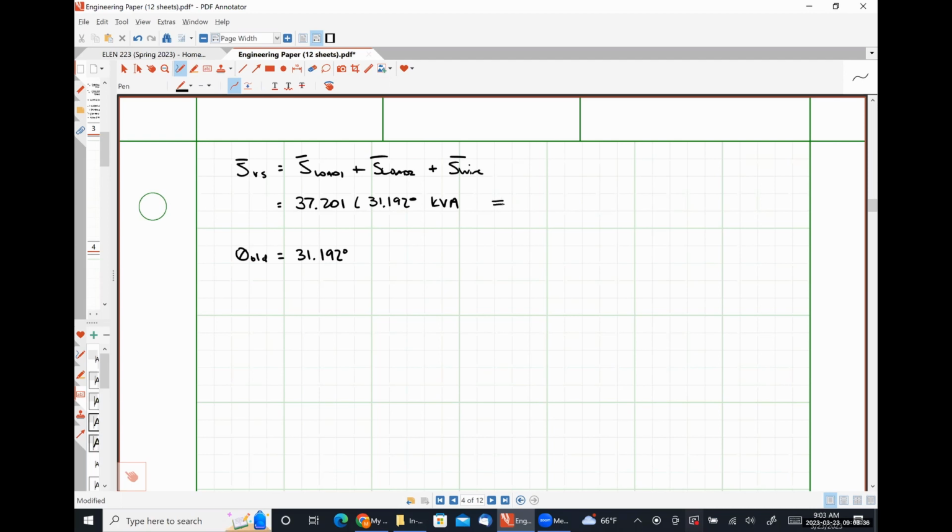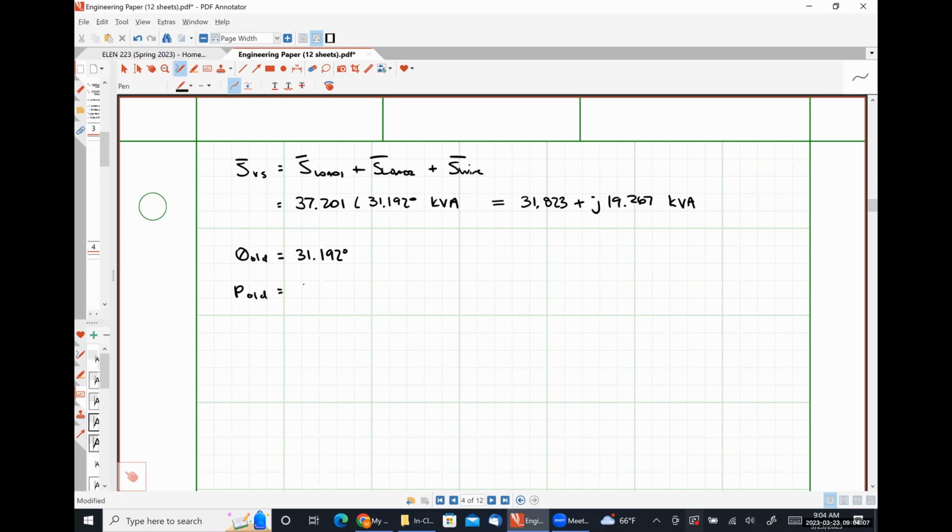How do we get P old? If I express that complex power in rectangular form, that's going to have P old and Q old. So in rectangular form, that's 31.823 plus j 19.267 kilovolt amperes.